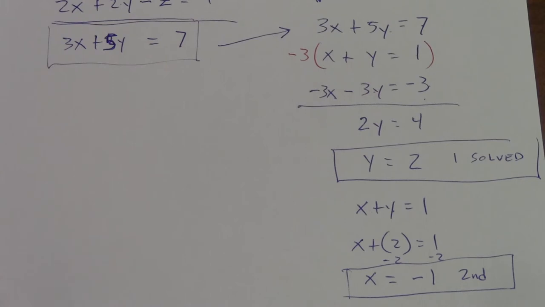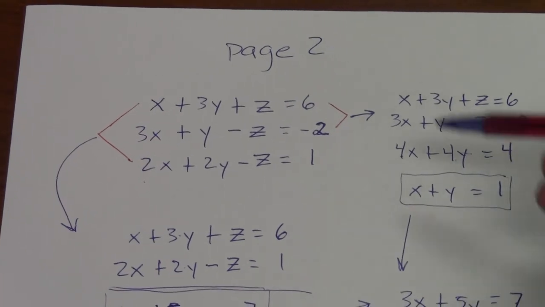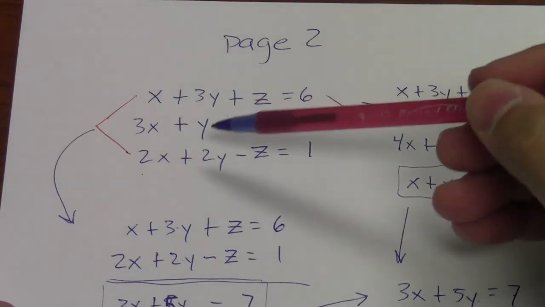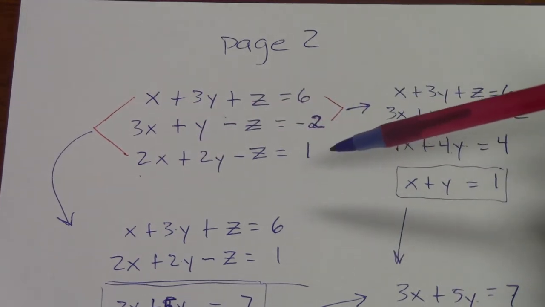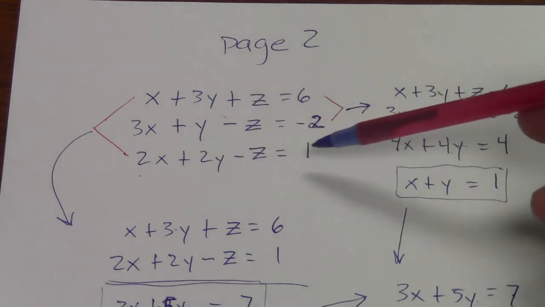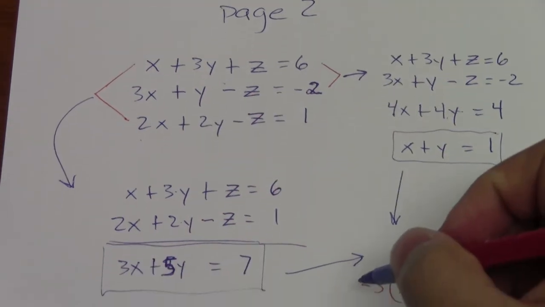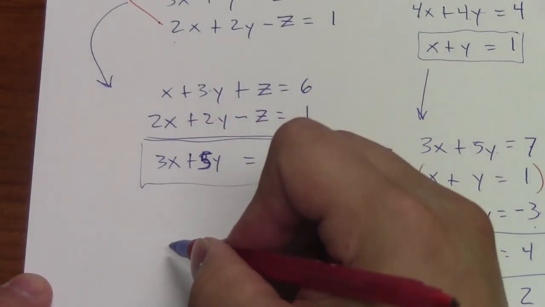Now all I need is my z. If you remember up at the top, let's go back to the original equations. Here's my original equation. So I already know what x and y are. Let's just pick the easiest one to solve for and then go from there. That has a positive number, so let's just use that. So I'm going to come down here, that way you can see it.